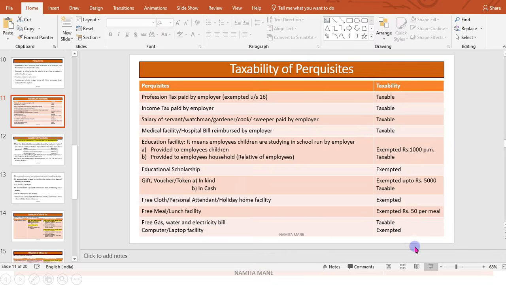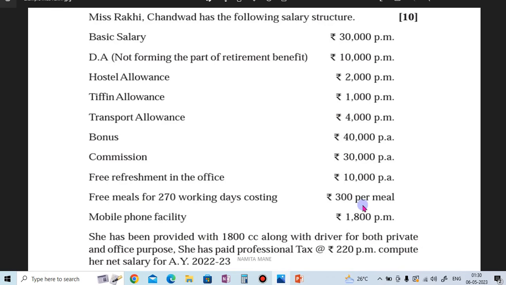But here in the question, the cost per meal is how much? 300 rupees. So we have to deduct 50, which is the exempted amount, and the remaining will be taxable. Exempted is how much? Only 50 rupees per meal.